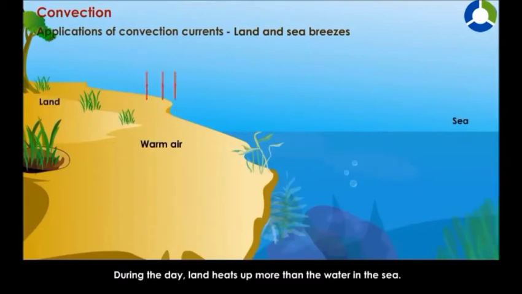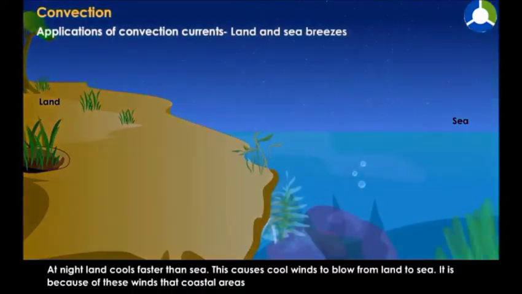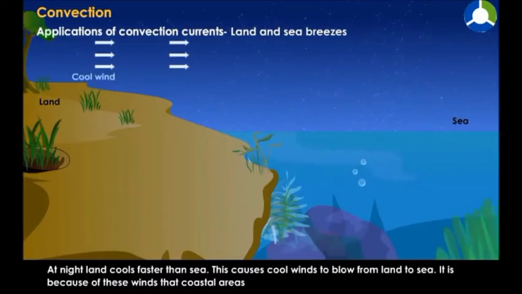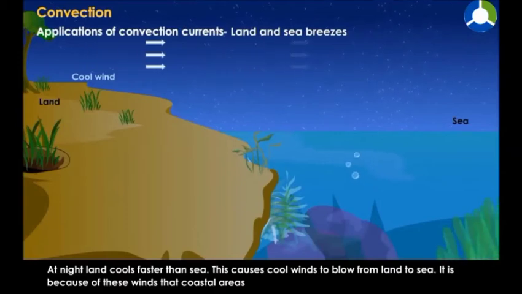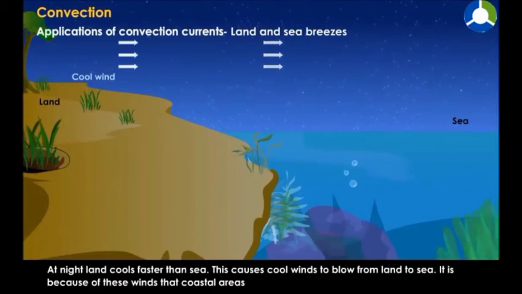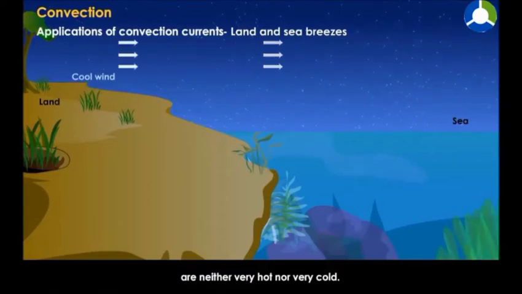The warm air above the land rises up. This causes cool air to blow from sea to land. At night, land cools faster than sea. This causes cool winds to blow from land to sea. It is because of these winds that coastal areas are neither very hot nor very cold.